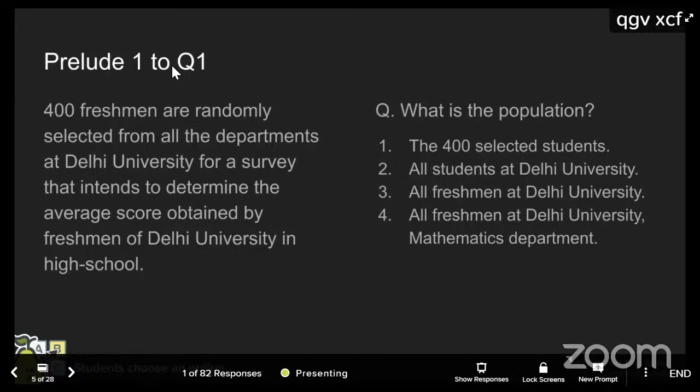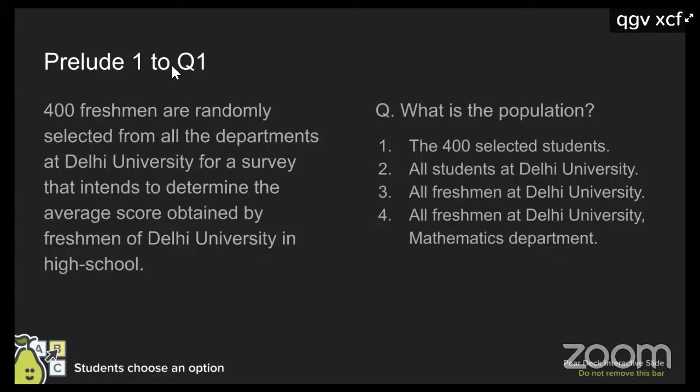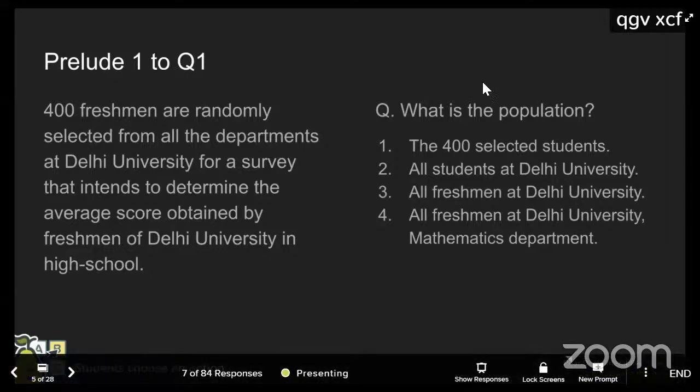And the people who have not joined this Pear Deck, kindly enter joinpd.com on your phone or desktop, and after that enter the code at the top right corner, QGVXCF.